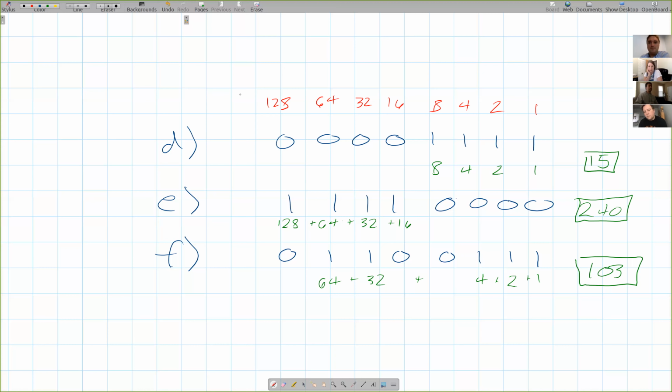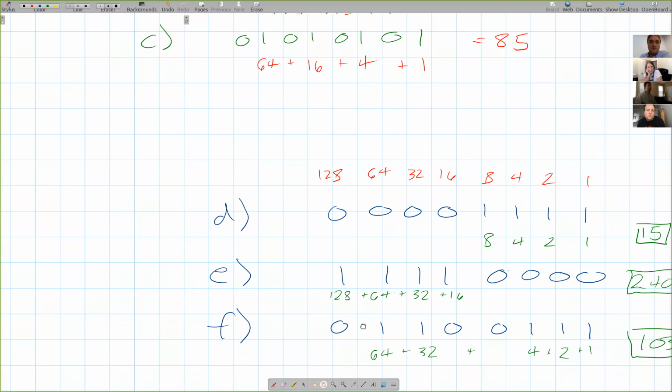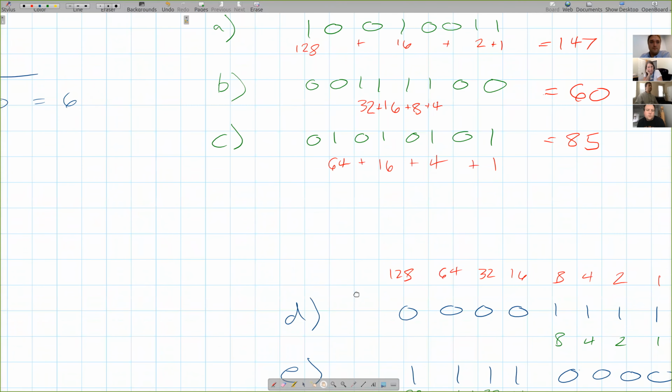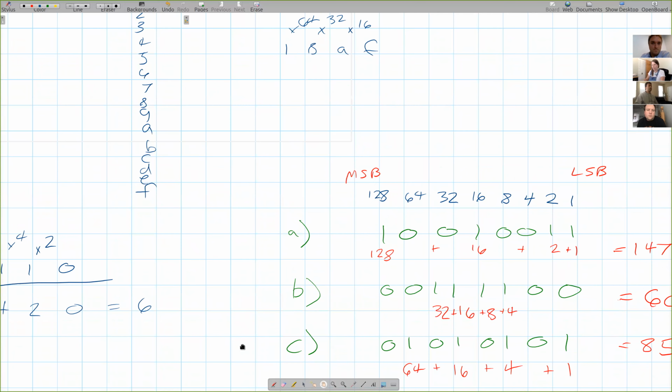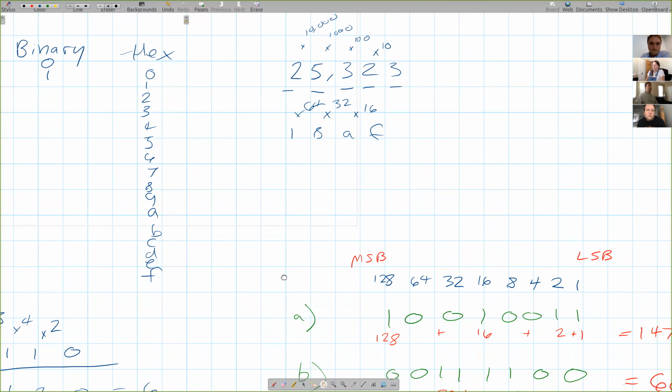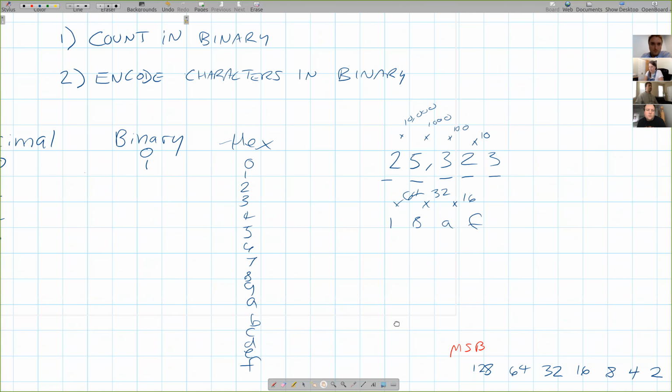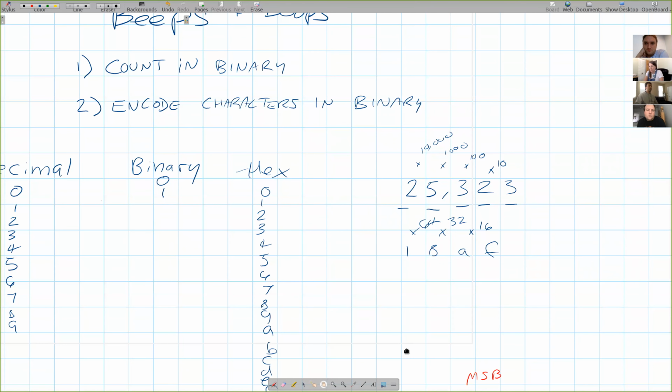We can represent the same concept of a number with a lot of different counting systems. Questions about binary? Cool.